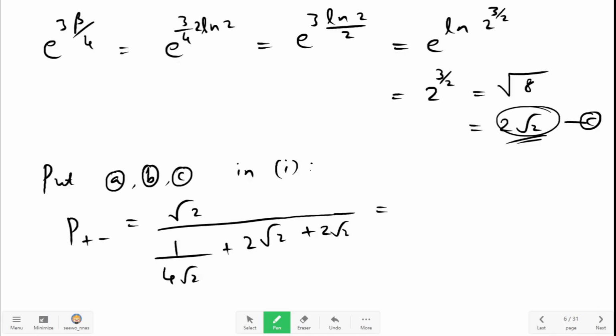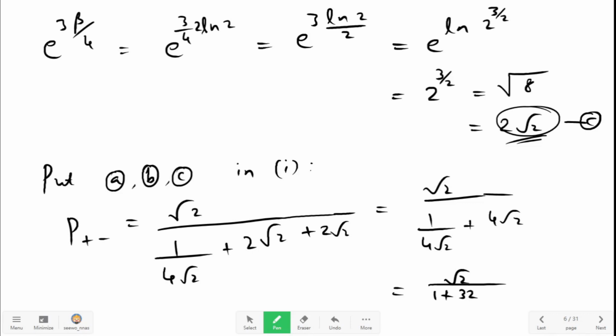Therefore this is coming out to be equal to root 2 divided by 1 by 4 root 2 plus 4 root 2. This is equal to root 2 divided by 1 plus 32 divided by 4 root 2, which is equal to root 2 times 4 root 2 divided by 33.